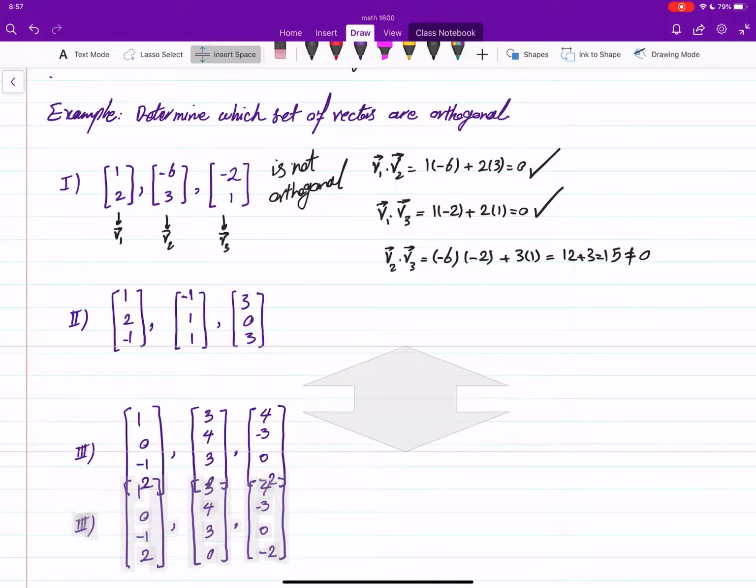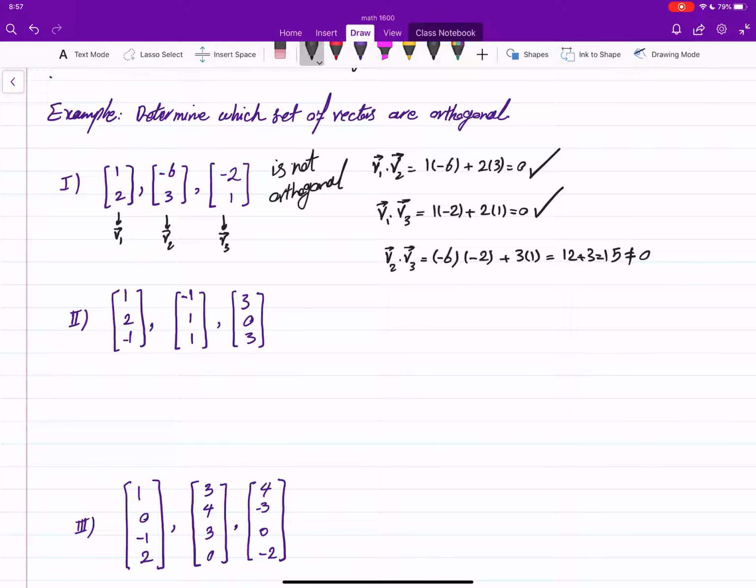For this one, again, we have v1, v2, v3. These are just names, I can choose anything I like. I have to find v1 dot v2, v1 dot v3, and v2 dot v3, all pairs of distinct vectors in the set; we have only 3 of those. Here, 1 times negative 1 plus 2 times 1 plus negative 1 times 1 is 0.